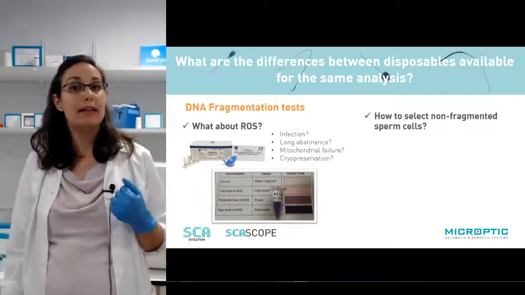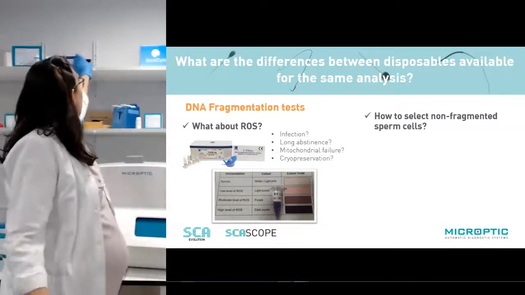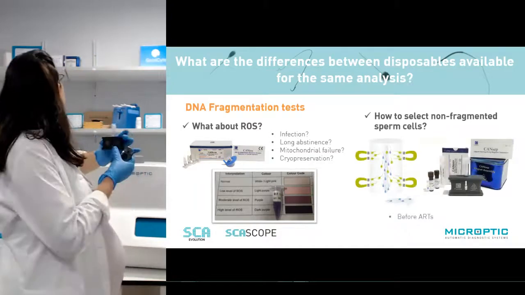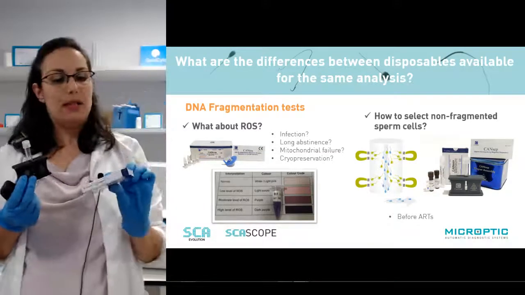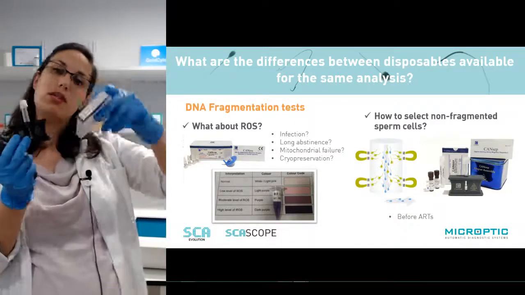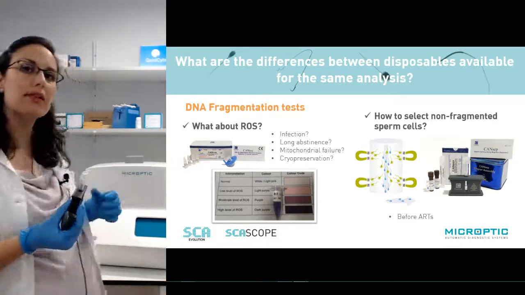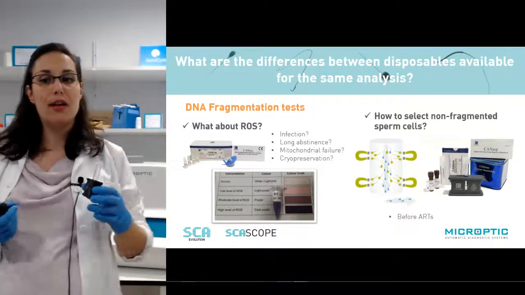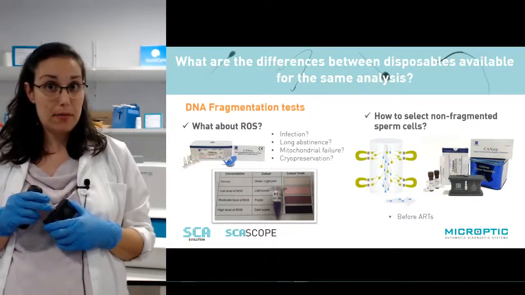You will find in the market this profile of kits in which you mix your semen sample and incubate it with some magnetic beads that are coated with some proteins that have a high affinity for trapping the sperm cells that are damaged.